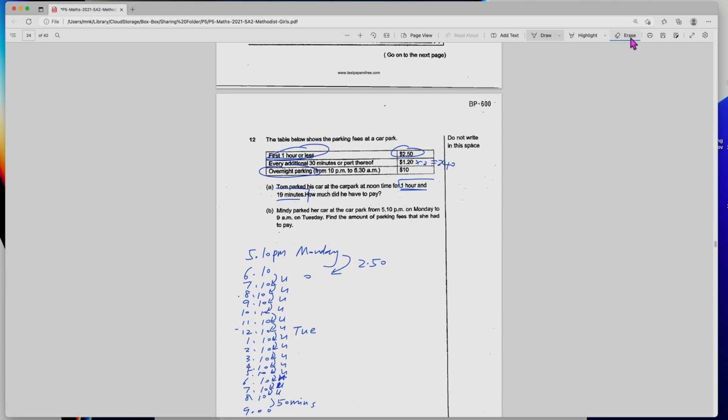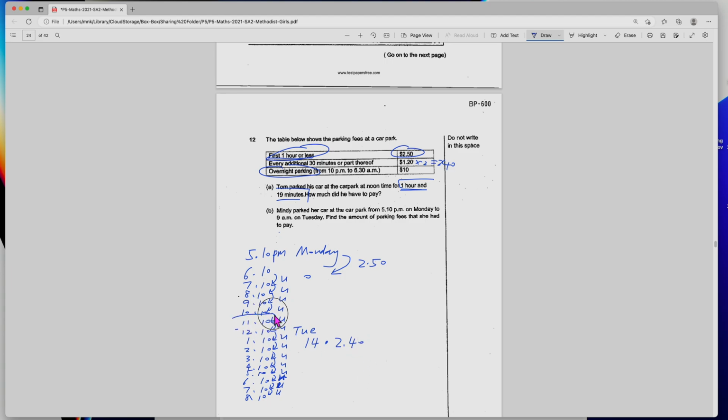And then for this one, this is 14 times 240. And then there is an overnight charge.